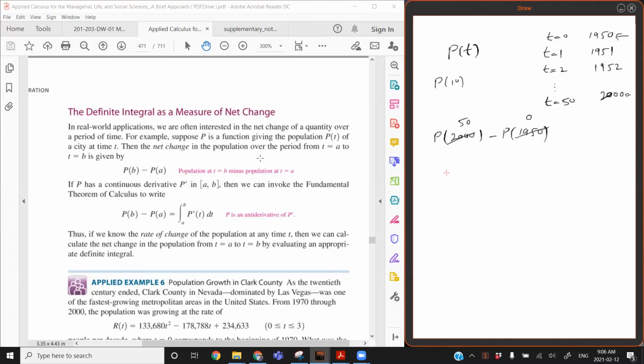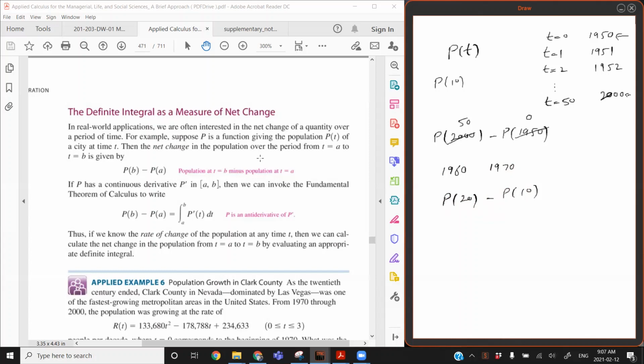Or imagine you want to know the net change in population within the range from 1960 to 1970. Then you would have to figure out what the population was in 1970 minus what the population was in 1960, subtract from each other, and that would be the net change in population.